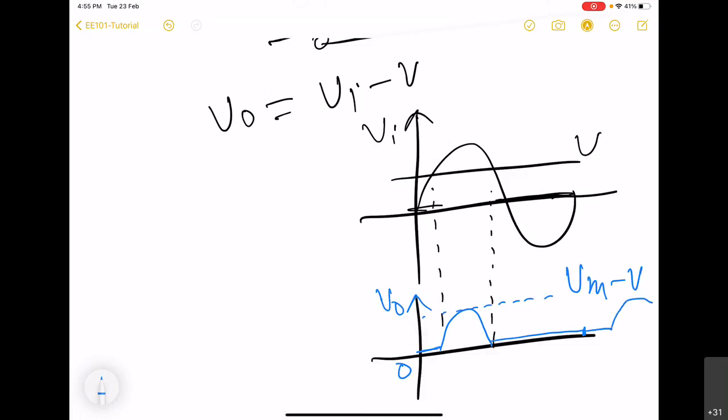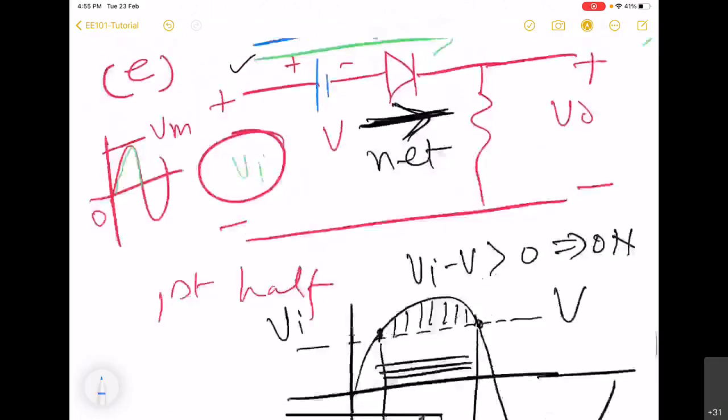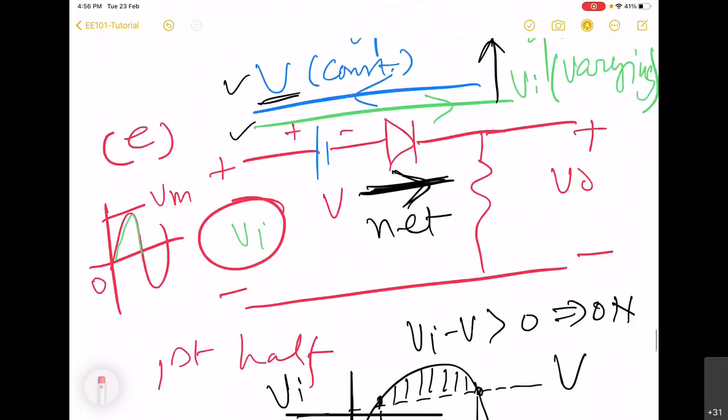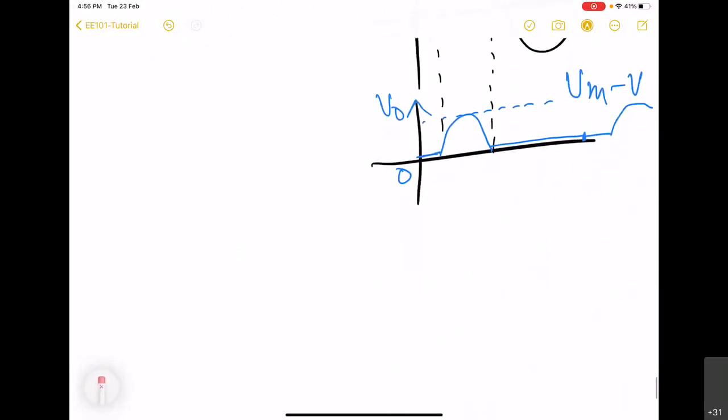And this cycle will repeat. So in all such circuits, the most important thing to do is this portion. You have to find out all the voltages across the diode and find out the net voltage, and then you can easily decide what the output will be.